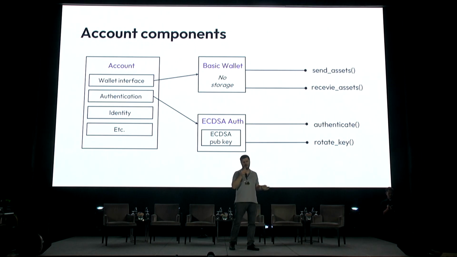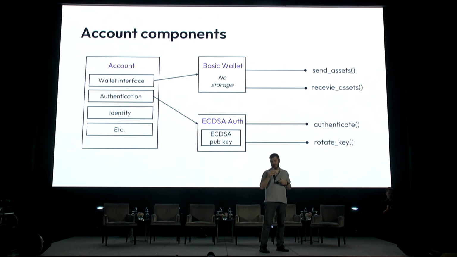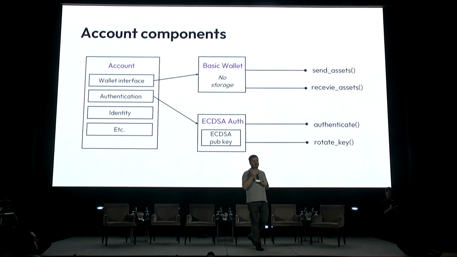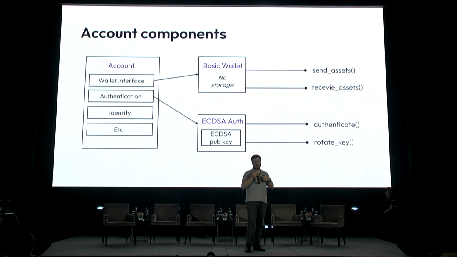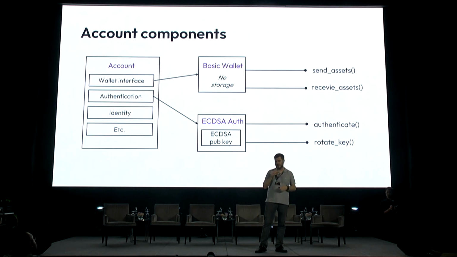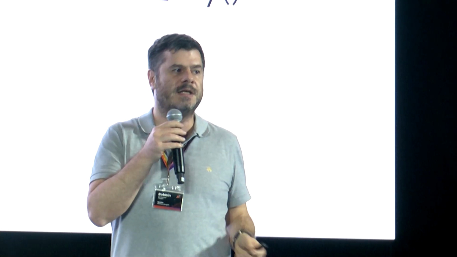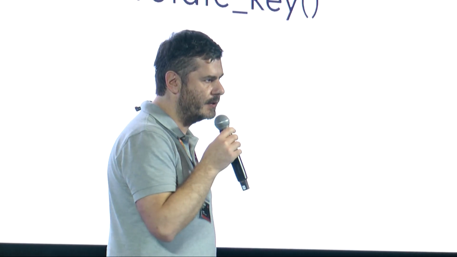We'll add others, like array storage slots, later on as well. But your component specifies what it needs. For example, in this case, it's a single key. If you wanted a multisig, you could have 3 keys, and the logic there would say it's 3 out of 5. And then there is an authenticate function which would verify a signature that is done with ECDSA, but you could also rotate keys. You can do other things. I put some examples here.